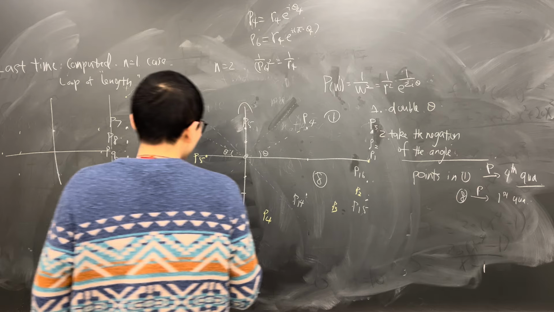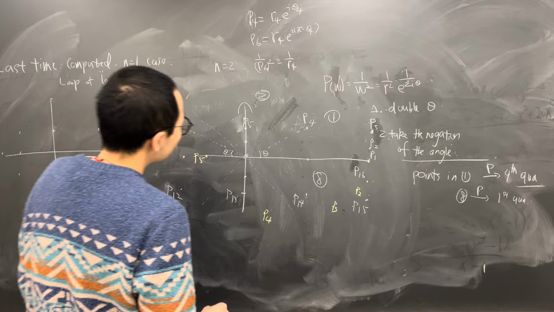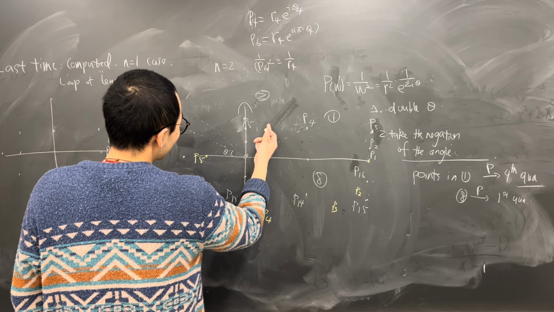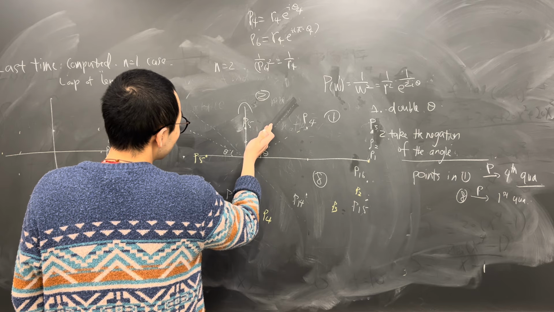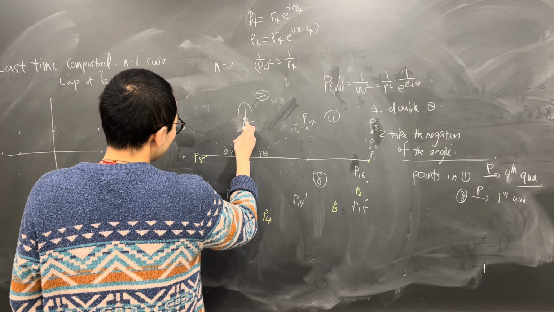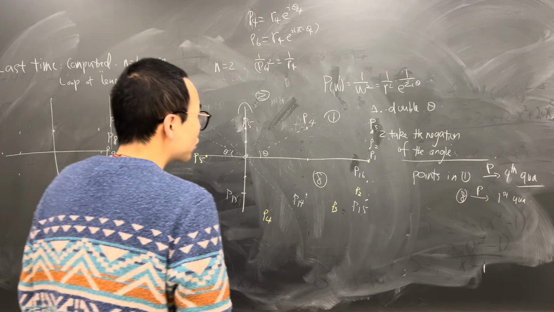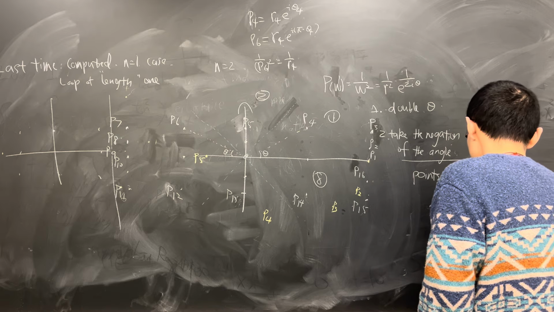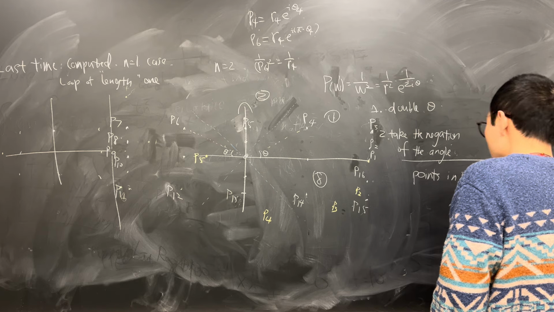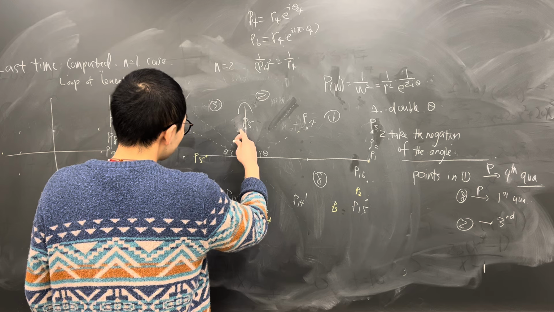And if your point lies in number 2, then you double the angle. Here and here, it's in the third quadrant.